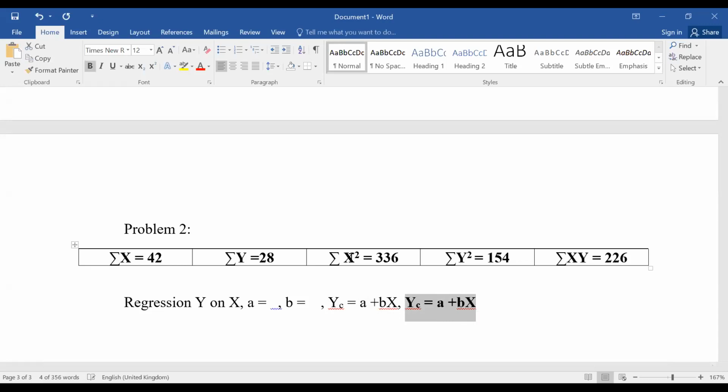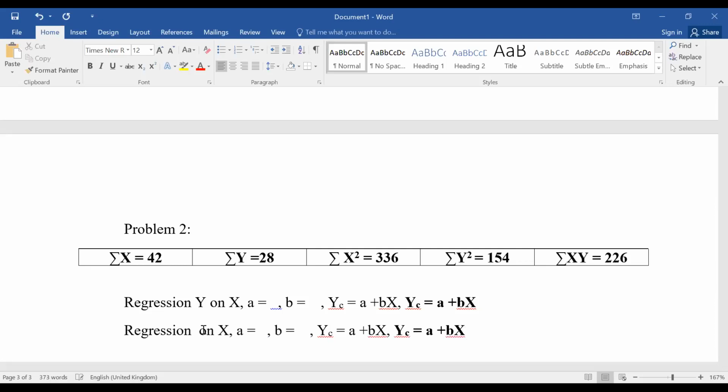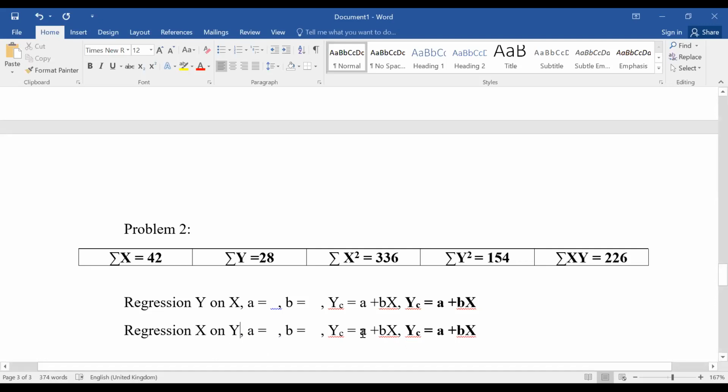So the regression equation will be like this. Those who have completed, you can give me the answer. Similarly, regression X on Y. Total A value, and here it will be X, right?